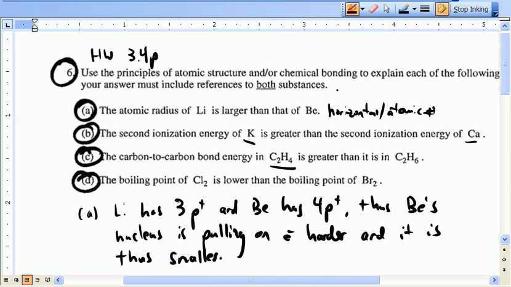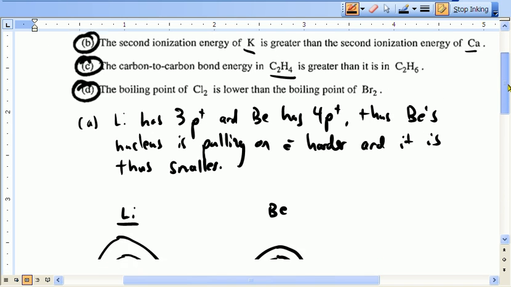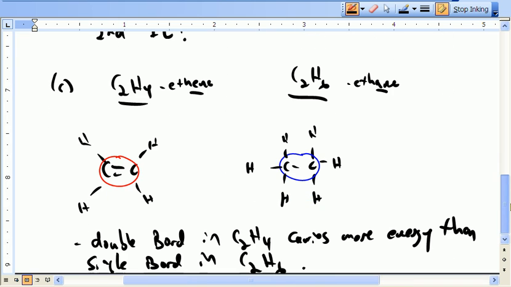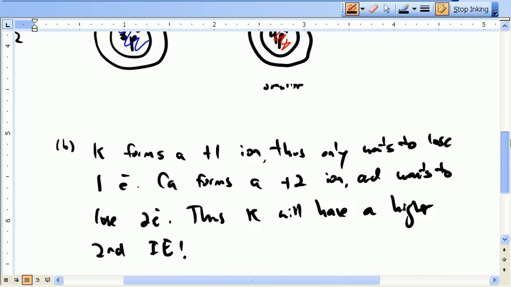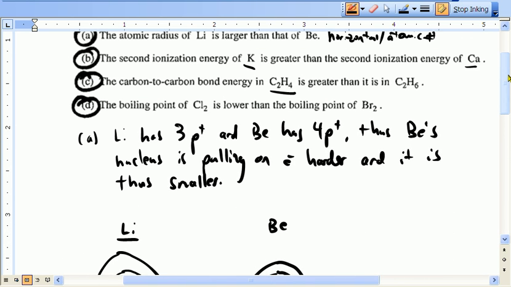It says the boiling point of Cl2 is lower than the boiling point of Br2. All right, this is not something that I've talked about, but this really relates to what we did in the last lab. So there's Cl2, there's Br2, and without going into too much detail into this, I want you guys to think about it.